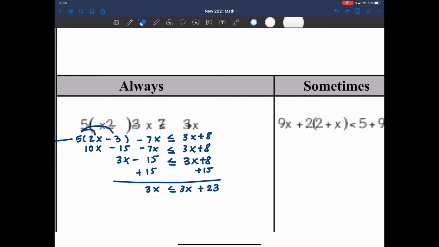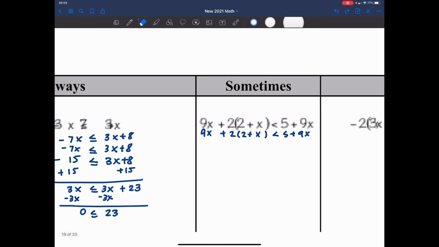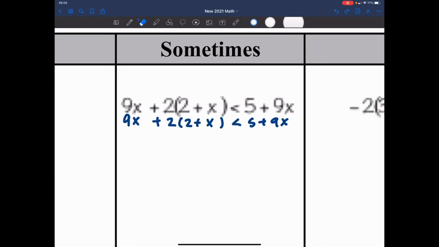I get 3x is less than or equal to 3x plus 23. And then I subtract 3x from both sides, so then I get 0 is less than or equal to 23. And this is a situation where the inequality is always true because 0 is less than 23.